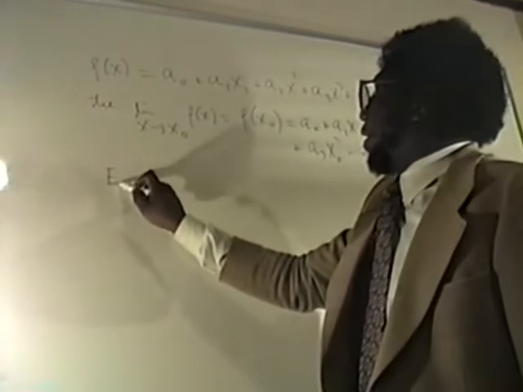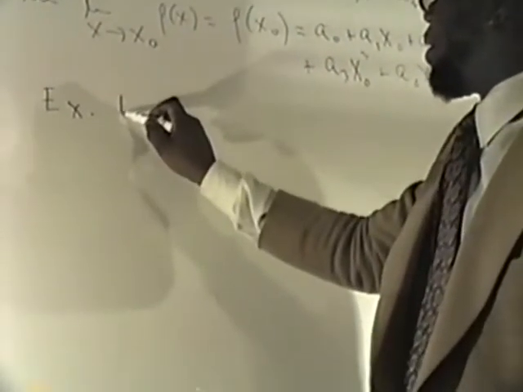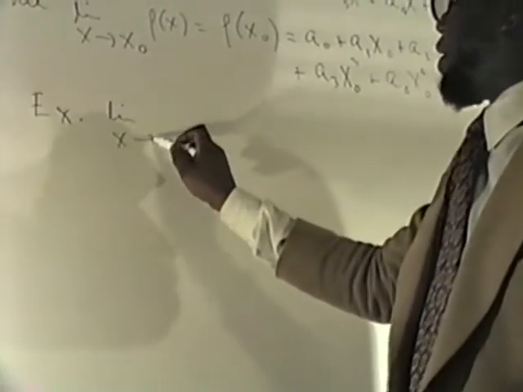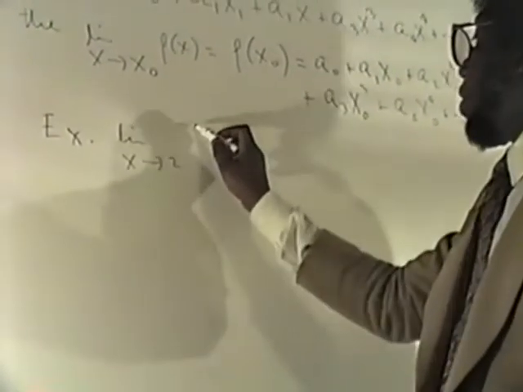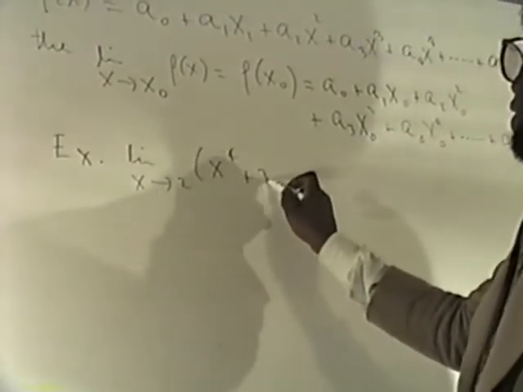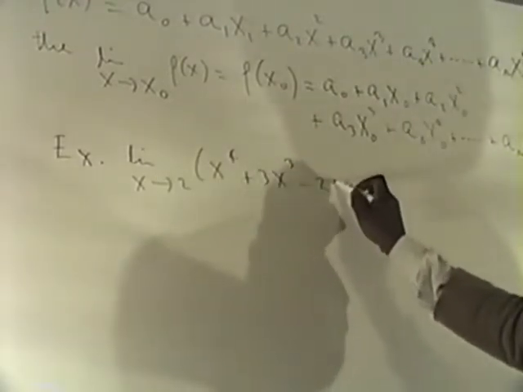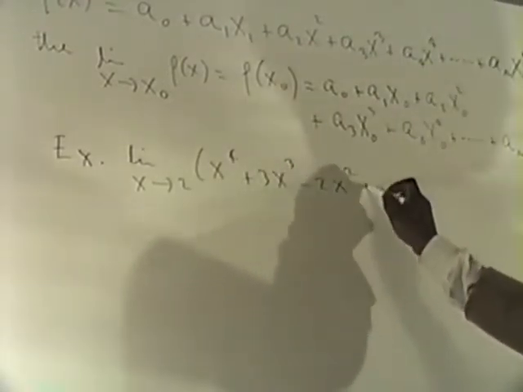okay, let's say the limit as x approaches 2 of x to the fourth plus 3x cubed minus 2x squared plus 1.